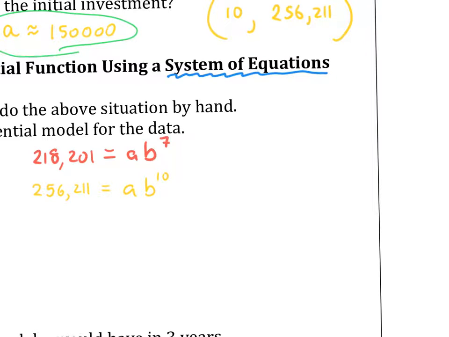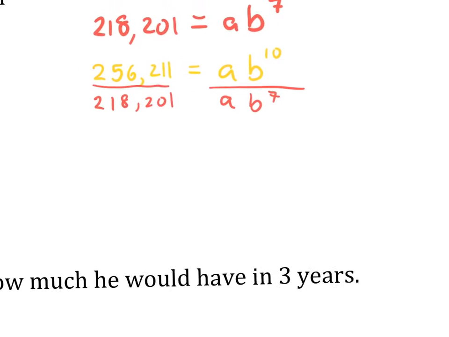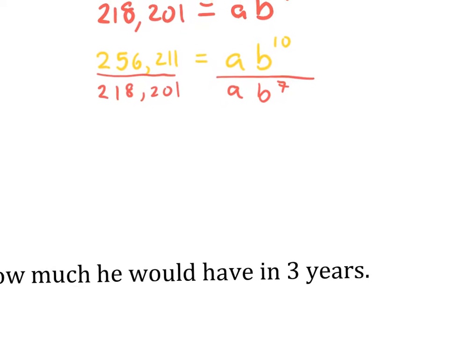To save time, I'm going to write it underneath. I'm going to divide one equation by the other one. So I'm going to write the 218,201 underneath, and the A, B to the 7 underneath there. So now we're ignoring that up there, and we just divide like so.